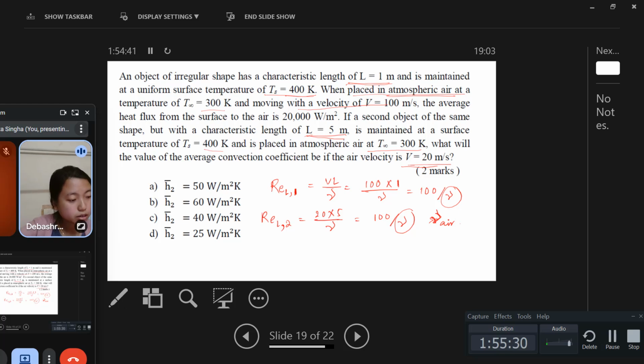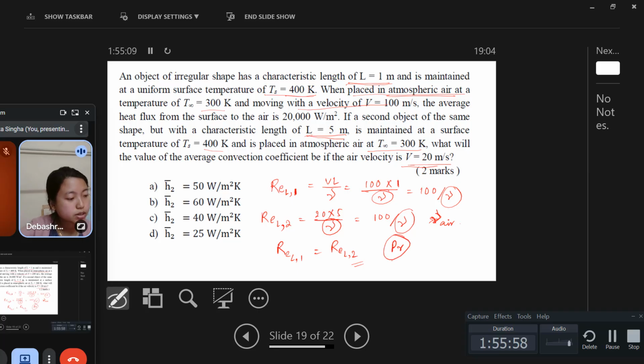So if nu remains constant, then Re_L,1 is equal to Re_L,2. Also, since the Prandtl number is a characteristic of the surrounding air, this will also remain constant.